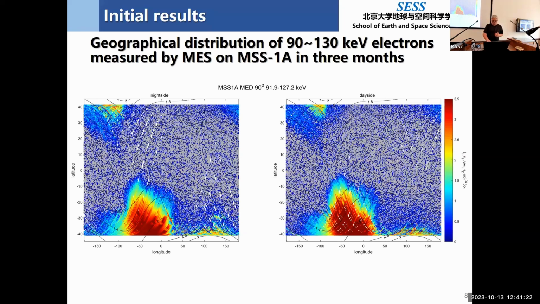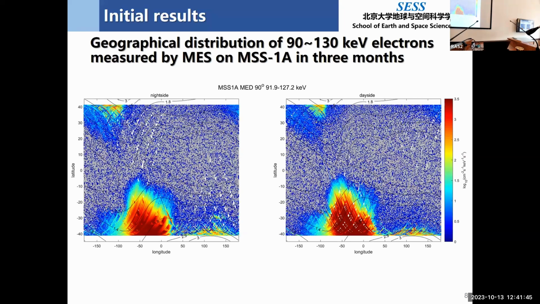These two panels show the flux in different MLT. The left one is the night side. The right one is the day side. They have a little bit of difference, but I have to point it out.